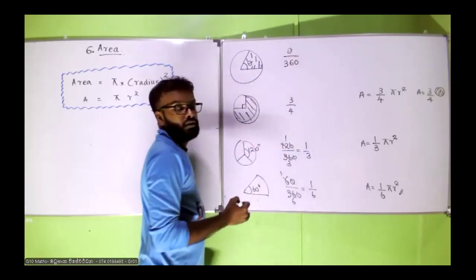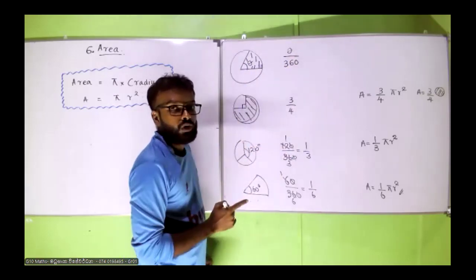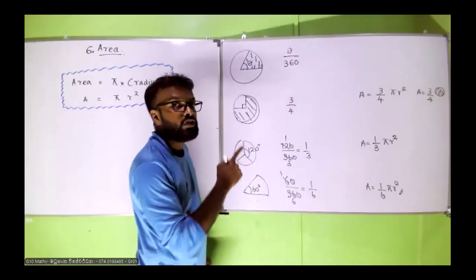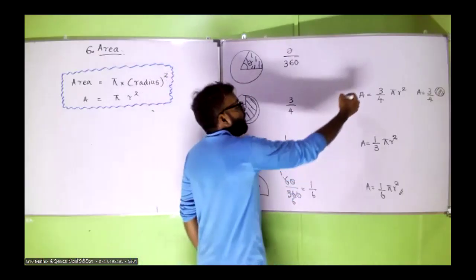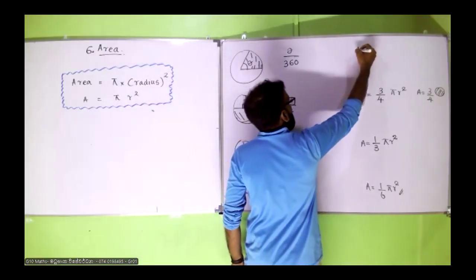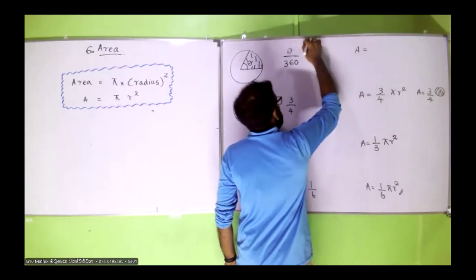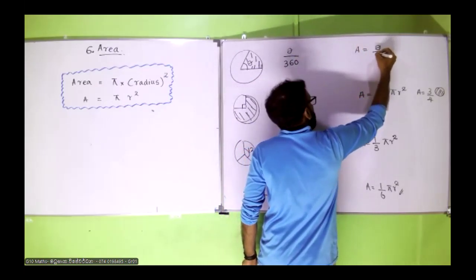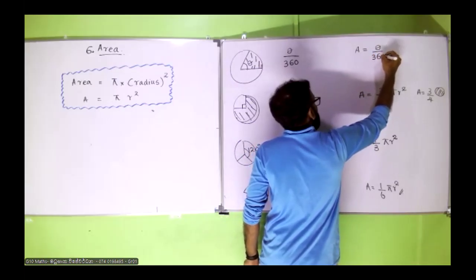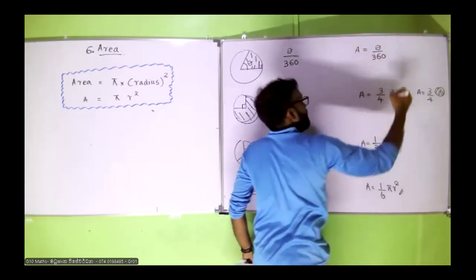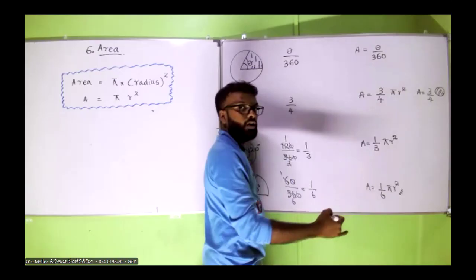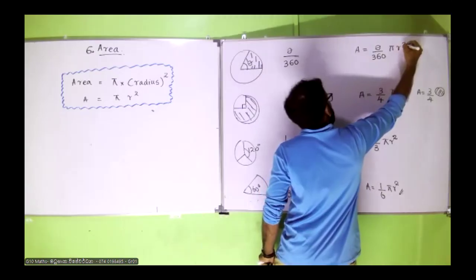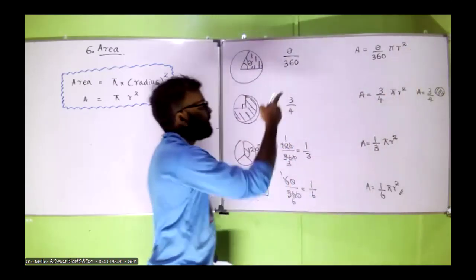And how are you going to represent the area of the shaded part? Area A equals the portion of the circle, theta divided by 360, into the area of the full circle, that means πr squared.